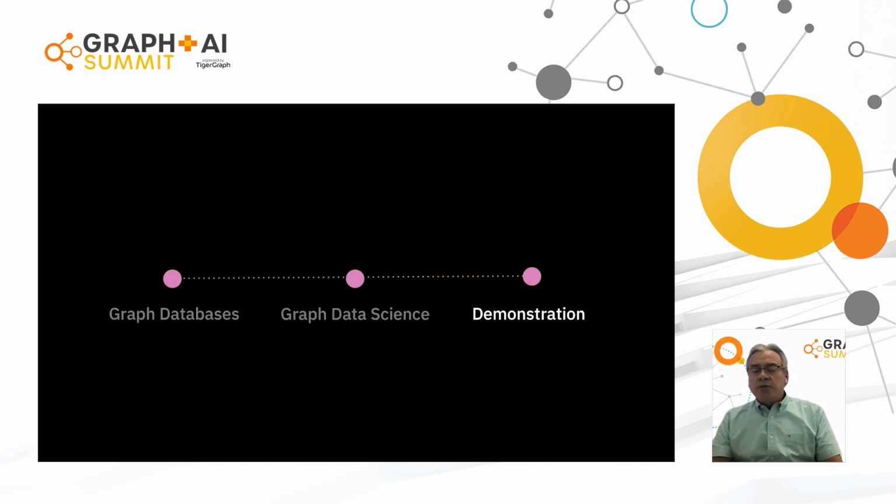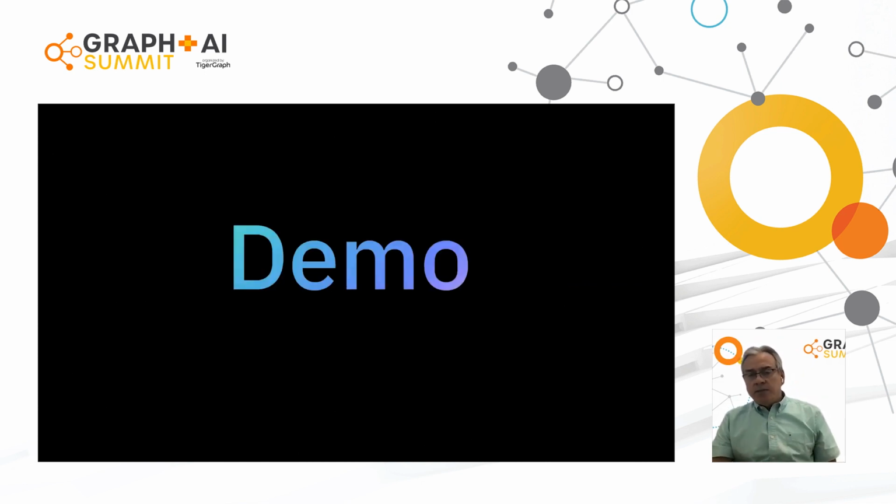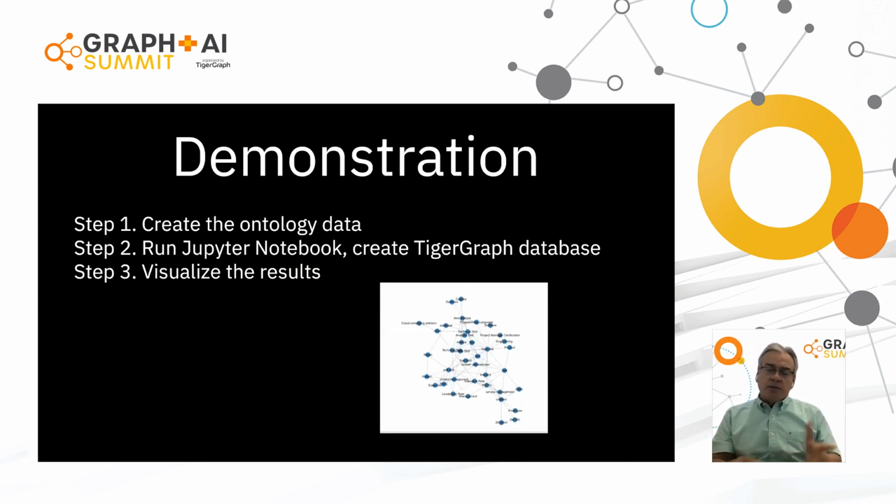Now for the demonstration, I'm going to introduce the business case, and then I'm going to switch it over to my colleague, Claire, who is going to take us through some examples. So basically what we have here is a collection of blog posts that have been analyzed, and we're going to use Jupyter Notebook to create a TigerGraph database, and we're going to visualize the results.